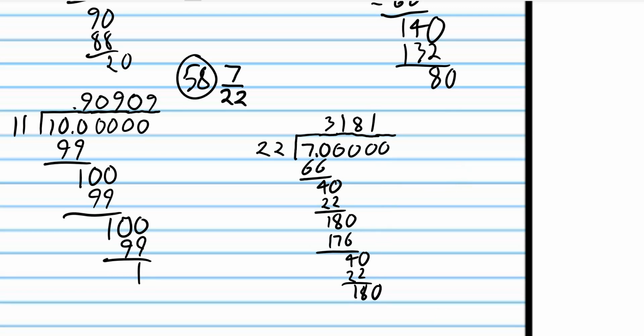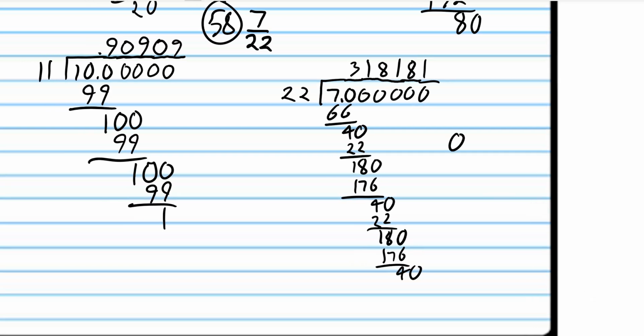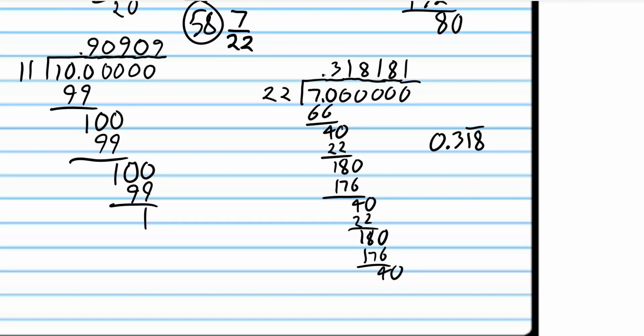And as you can see, it's starting to repeat. And it looks like we have 0, bring the decimal straight up, don't forget to do that, 0.318, and the 1 and the 8 just repeat. 18, 18, 18, so on and so forth. But the 3 does not repeat.